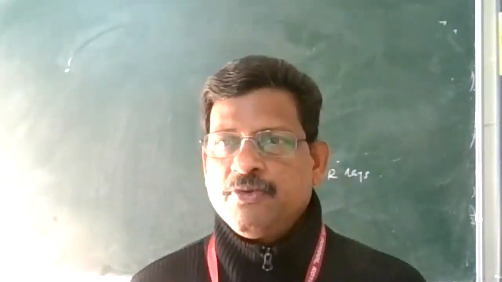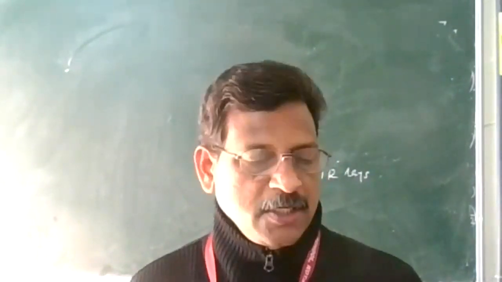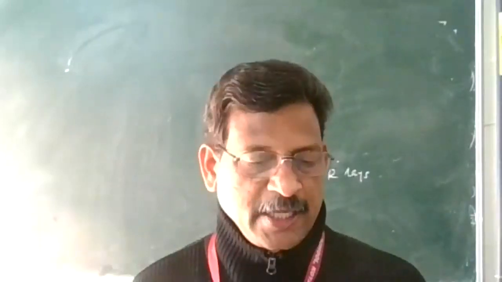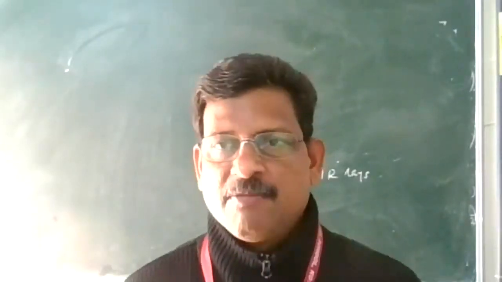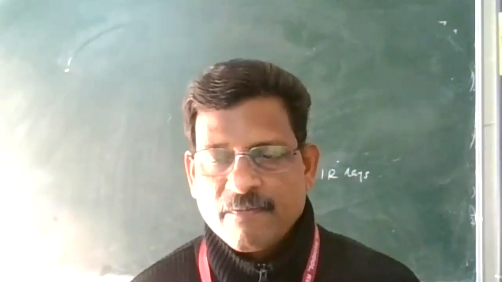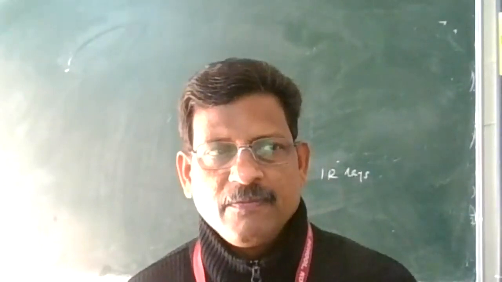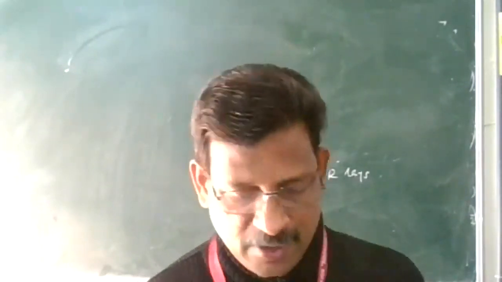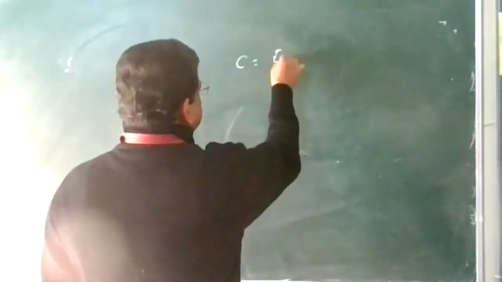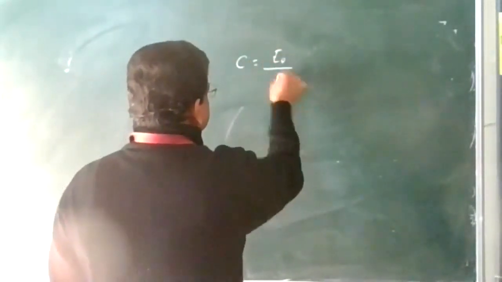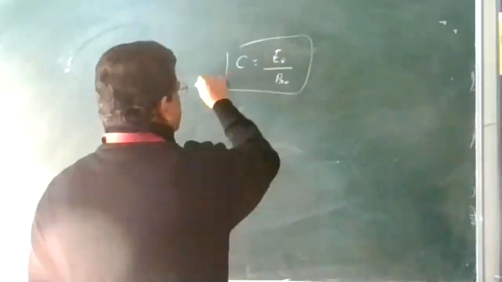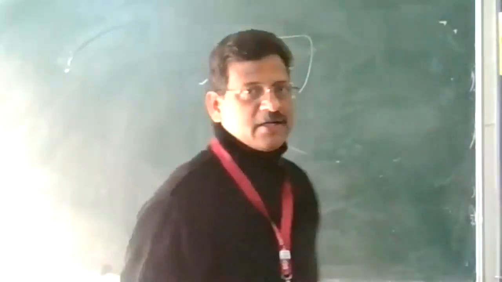Another question: can you write the velocity of EM wave propagation in terms of the peak values of electric and magnetic field? Can you remember the equation? In terms of E naught and B naught, C is equal to E naught by B naught, the peak values of electric field and magnetic field.